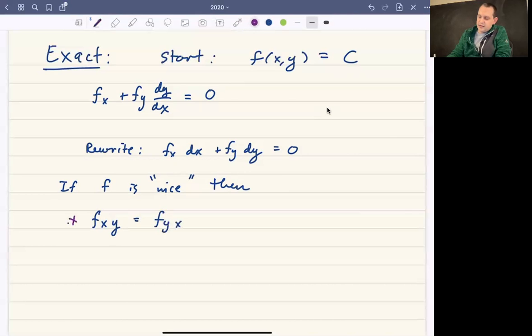This is a fact that we use in Calc 2 frequently when you do things like the D-test and you have to compute second partial derivatives. This is the type of thing that gets used all the time.